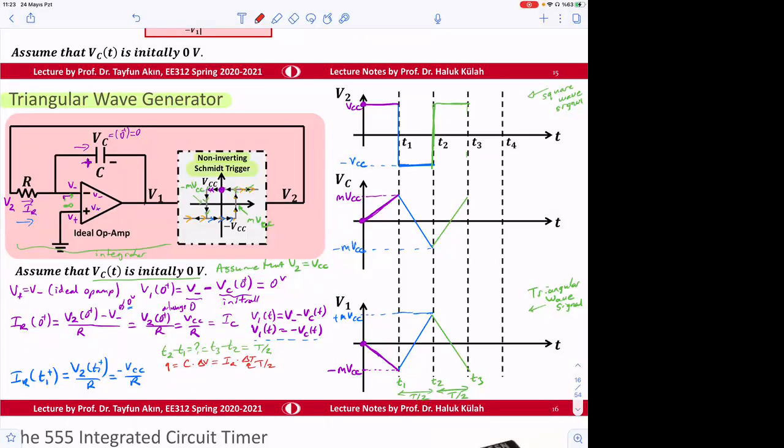We calculated R before. We can look at the T1R, and that is this much.